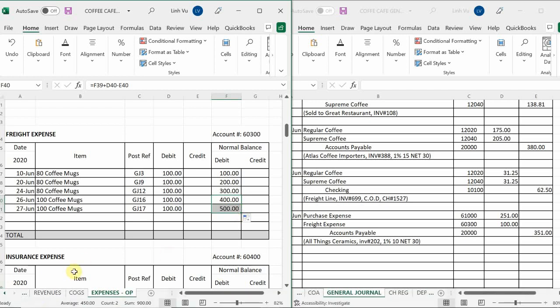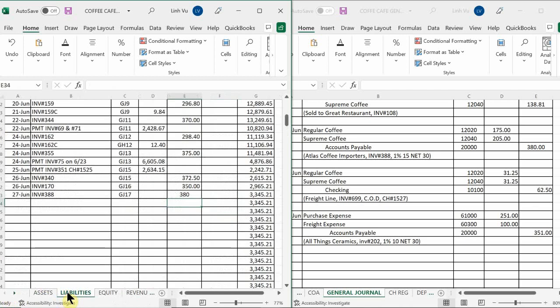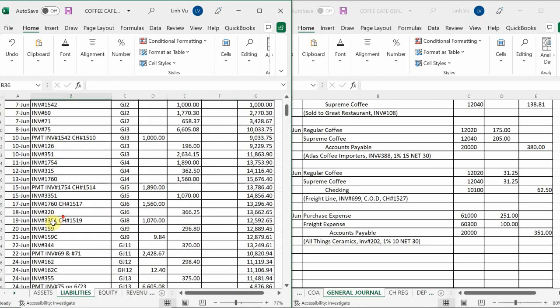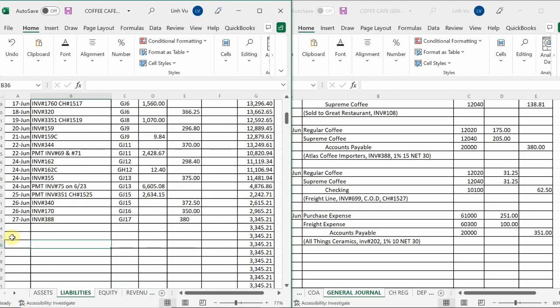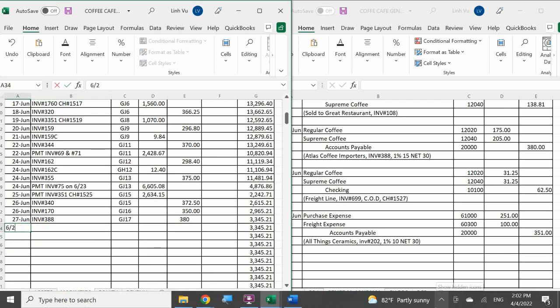$500. Okay. Last but not least, we need to update our liabilities because we just received another bill, so we owe more money. Okay. For invoice number 202, for $351.